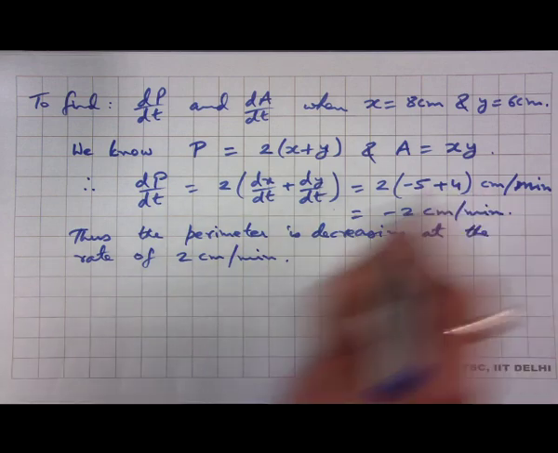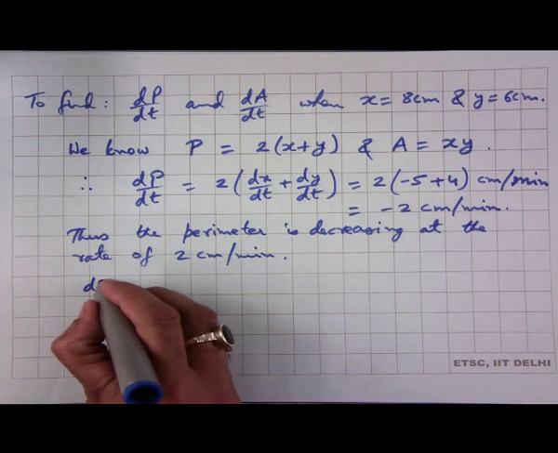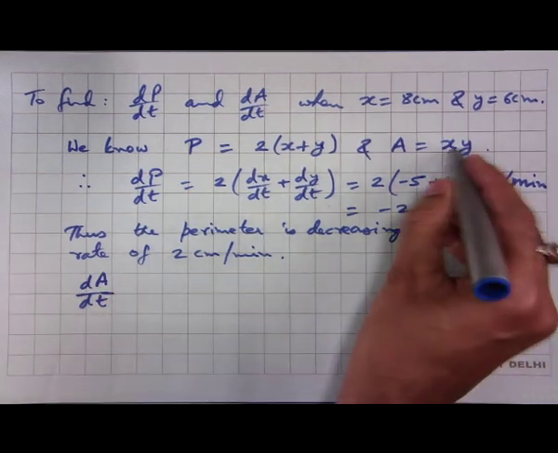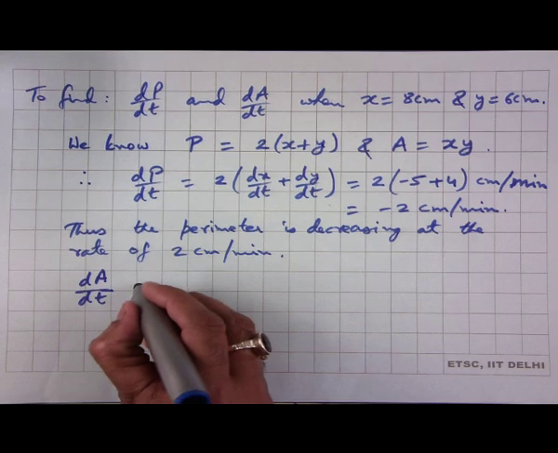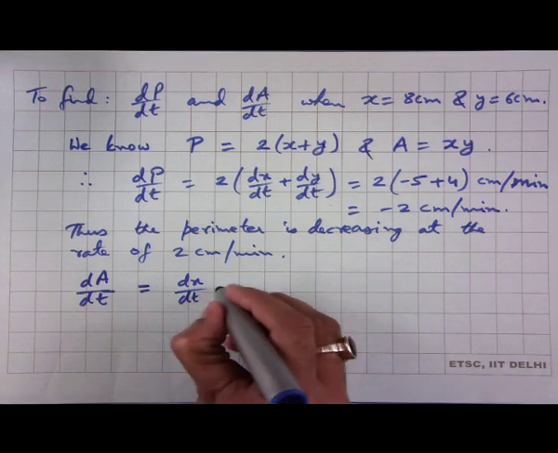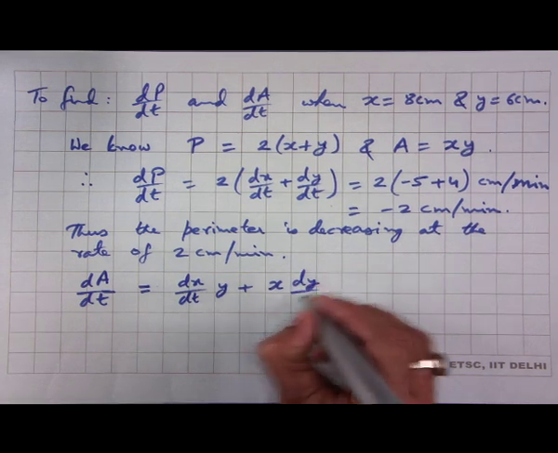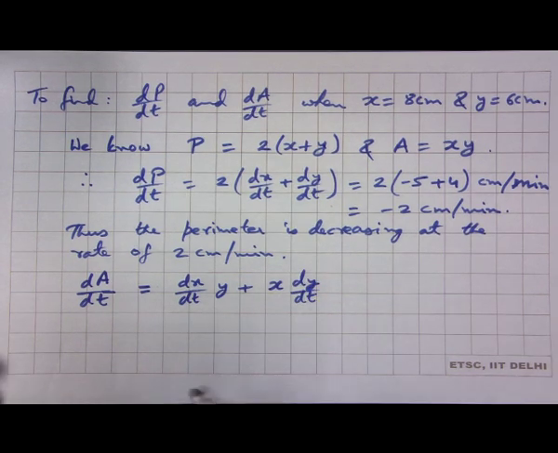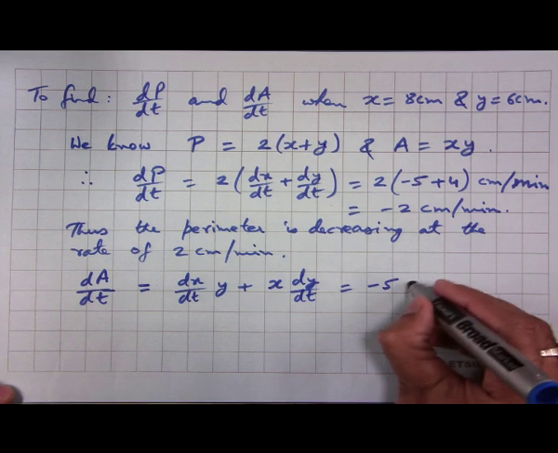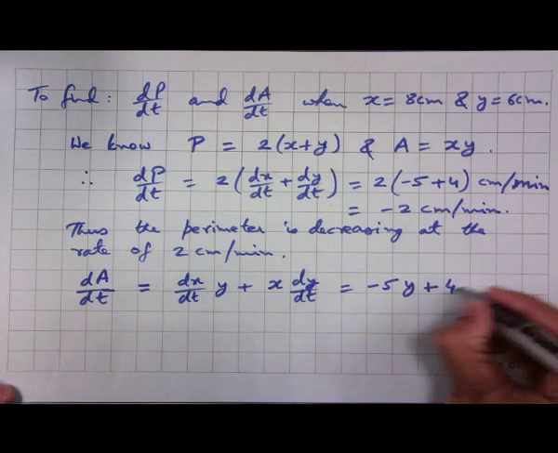Now, for area, A is equal to x times y. So, dA/dt, here area is the product of x and y. So, by product rule, this is equal to dx/dt times y plus x times dy/dt. dx/dt is minus 5, this is minus 5y plus dy/dt is 4, so 4x.